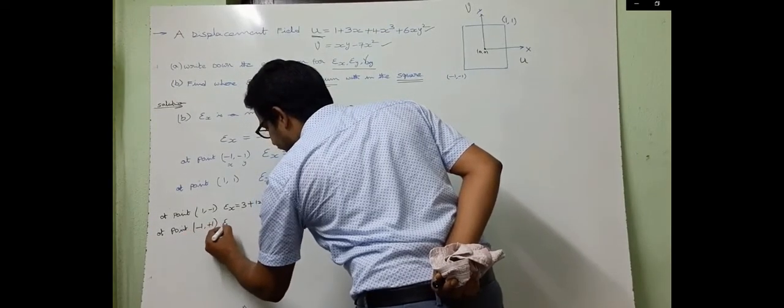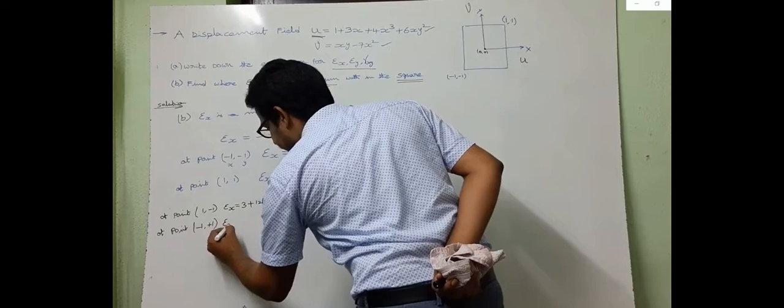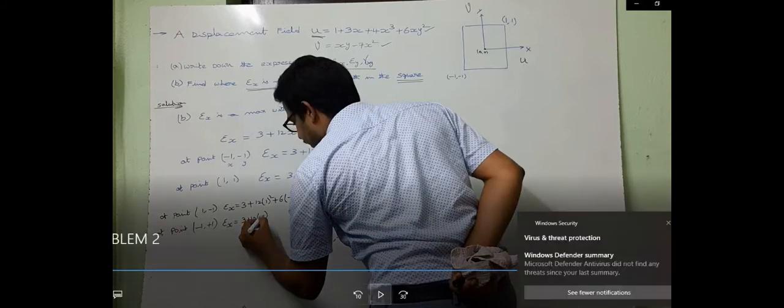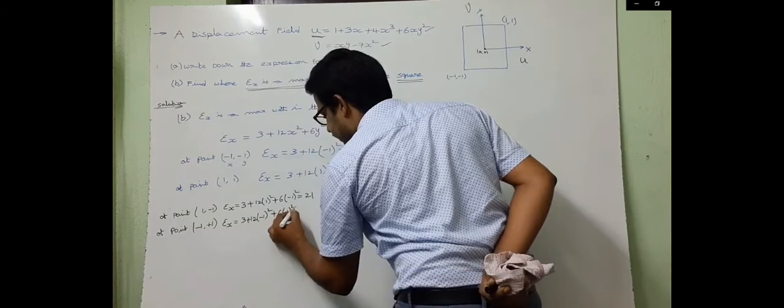At point minus 1 comma plus 1, epsilon x equals 3 plus 12 of minus 1 whole square plus 6 of 1 whole square, that equals 21.